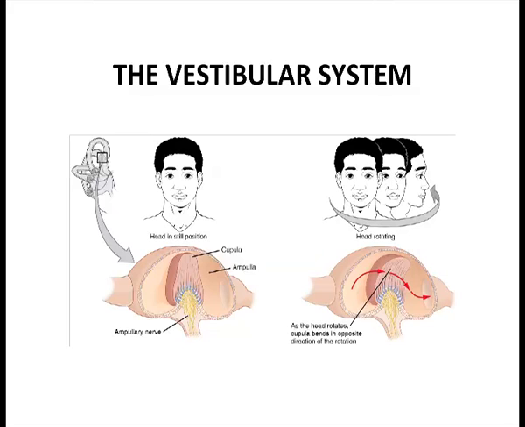movement or rotation. At the end of the semicircular canals are the vestibular sacs, which contain hair cells that are sensitive to the specific angle of the head. It provides information about the position of the head, straight up and down or tilted.